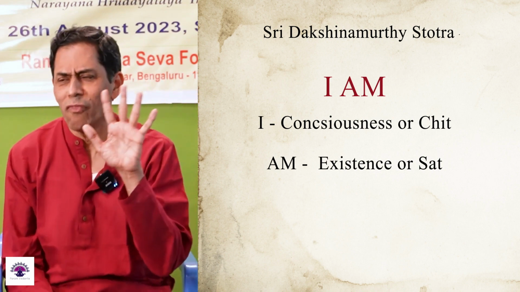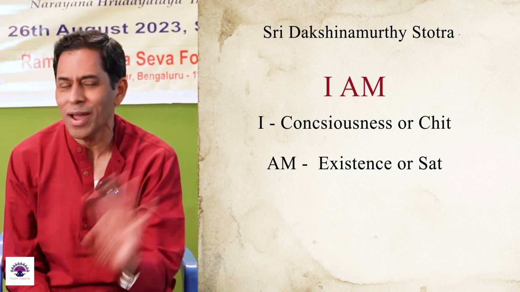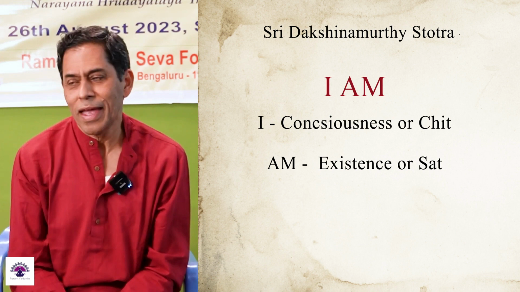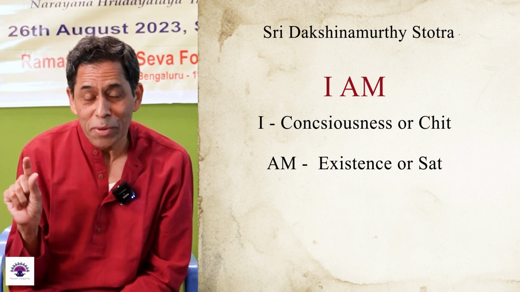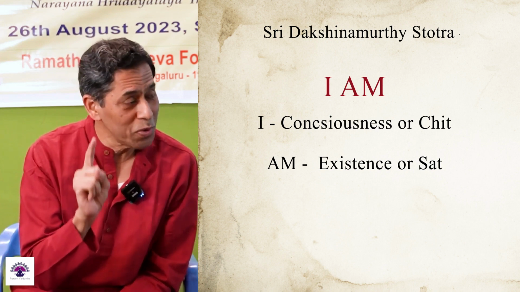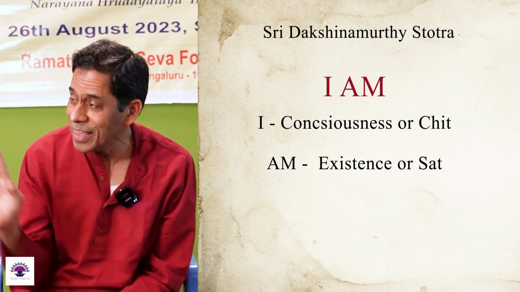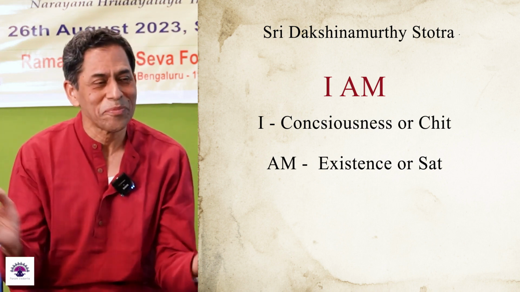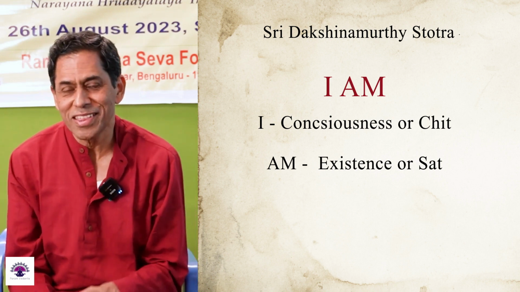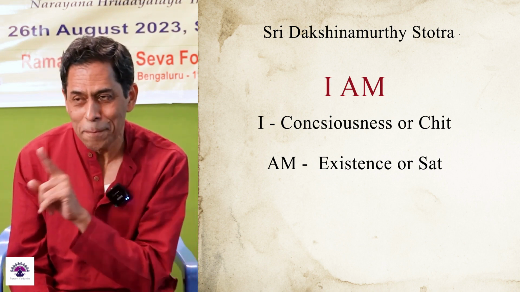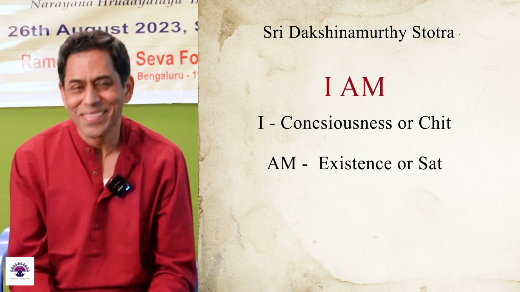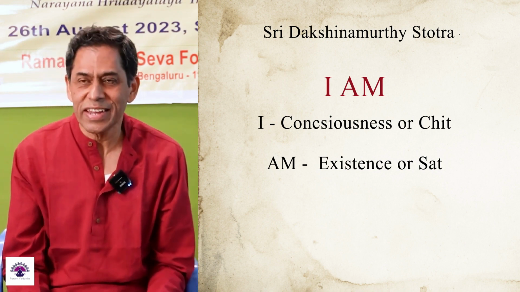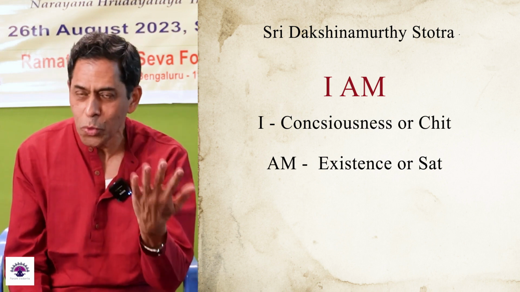I'll give you one very beautiful word for I am, and that comes in the Bhagavad Gita. And Adi Shankara has given a lot of commentary for that word in the Bhagavad Gita which represents I am. Quiz. What is that word in the Bhagavad Gita which represents I am? Okay, Kshetrajna. Kshetrajna means the one who is the knower of the field.